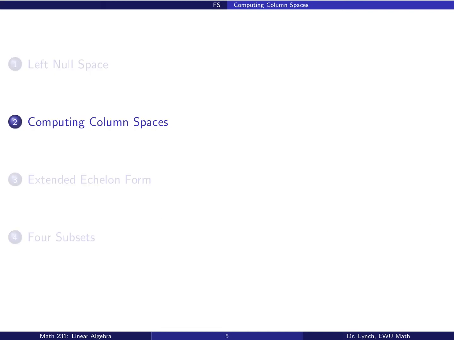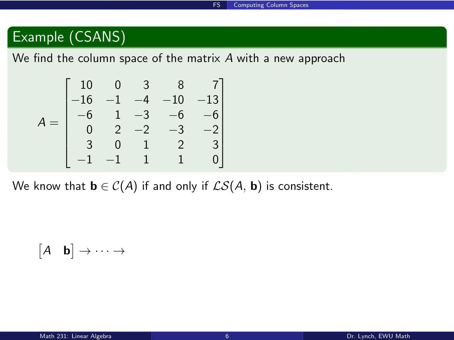Okay, let's go ahead and think about column spaces, and here we'll think about computing a column space from a different perspective. So here is a really big and messy matrix. This is a matrix A. We know that by definition, an element B is in the column space of A if and only if the related linear system with coefficient matrix A and vector of constants B is consistent.